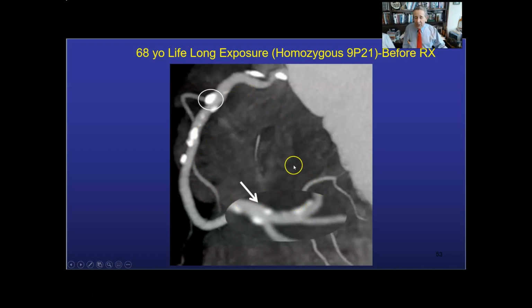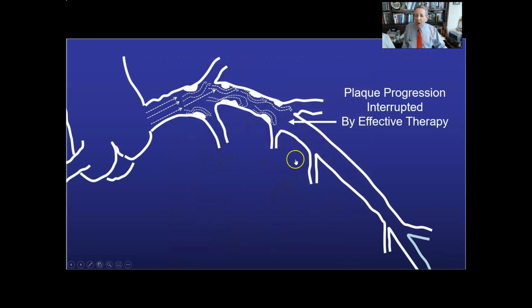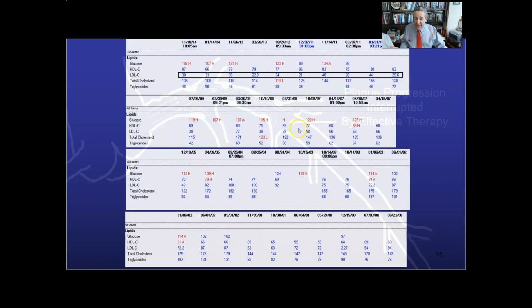This is the natural history. Well, what if you intervene here with effective therapy? Diet, statins, other targets of therapy. Then you stop having soft plaques growing and the progression stops. Is this what we see?